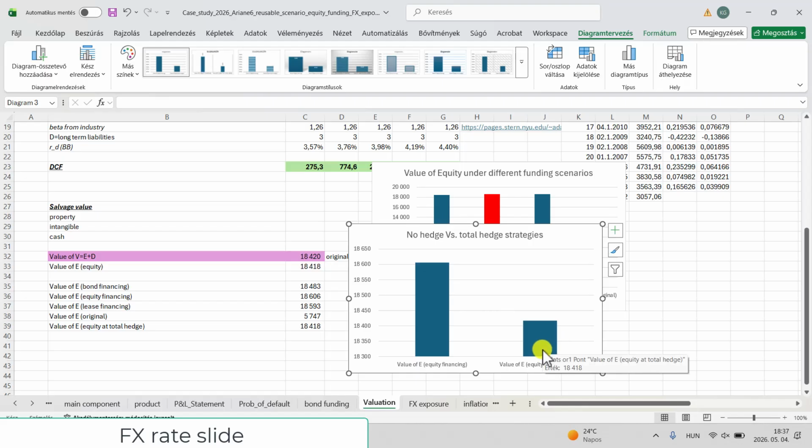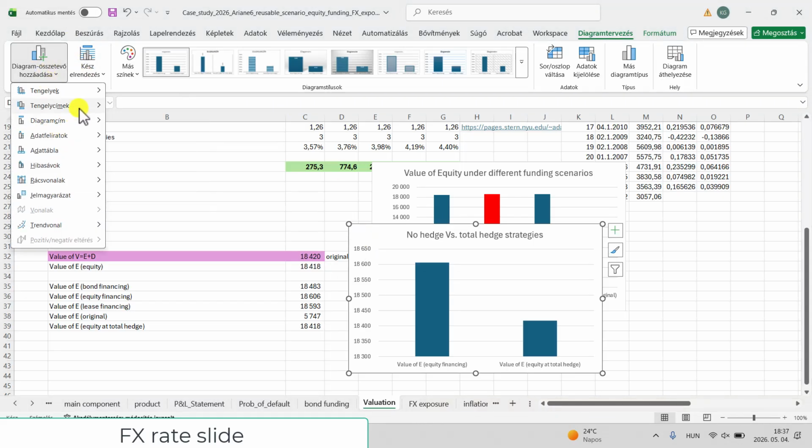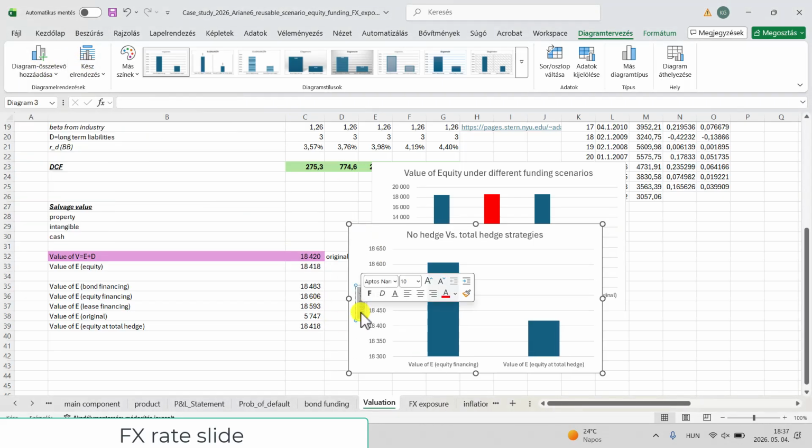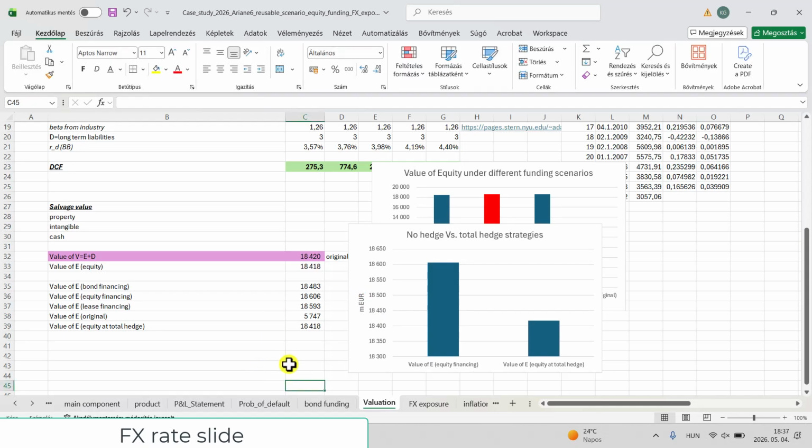This one contributes to less value. Practically, we can lose, again we need units here, so million euros. So we are losing 200 million euros of value on overall equity if we are doing a total hedge.